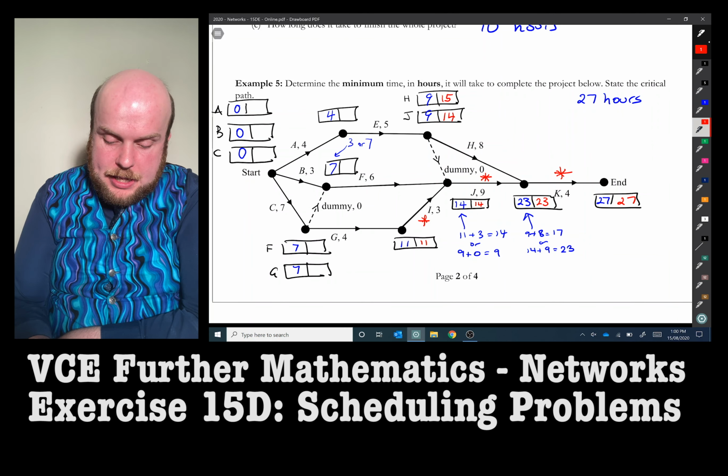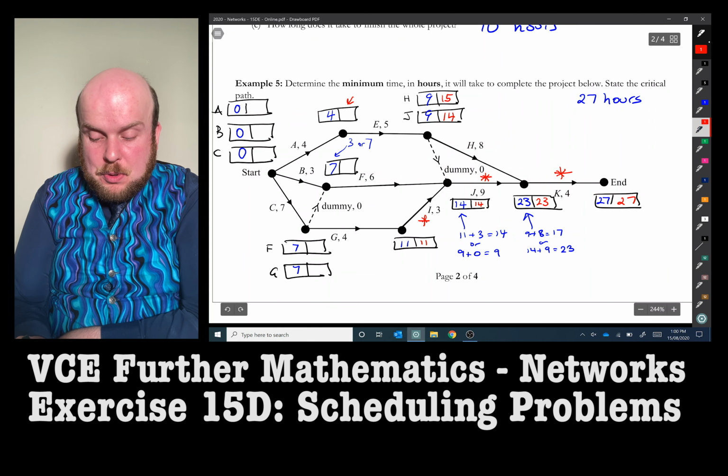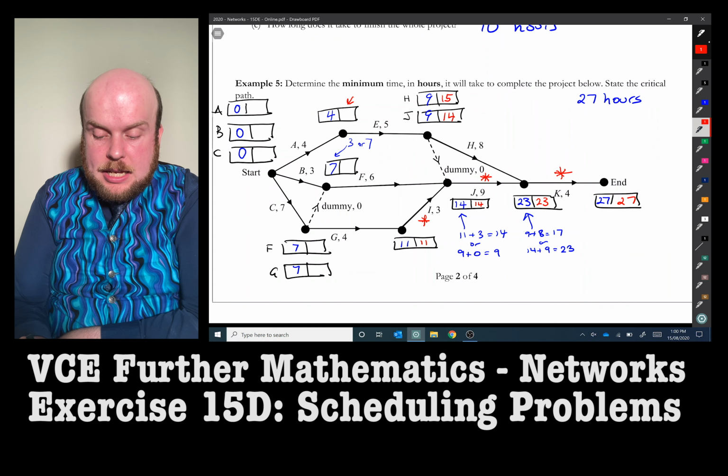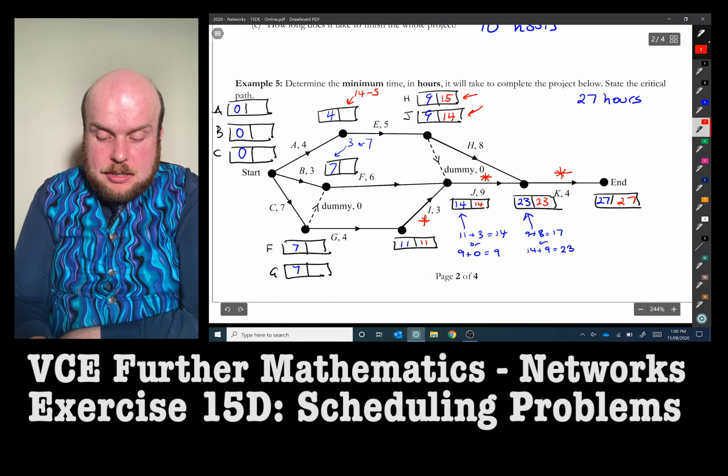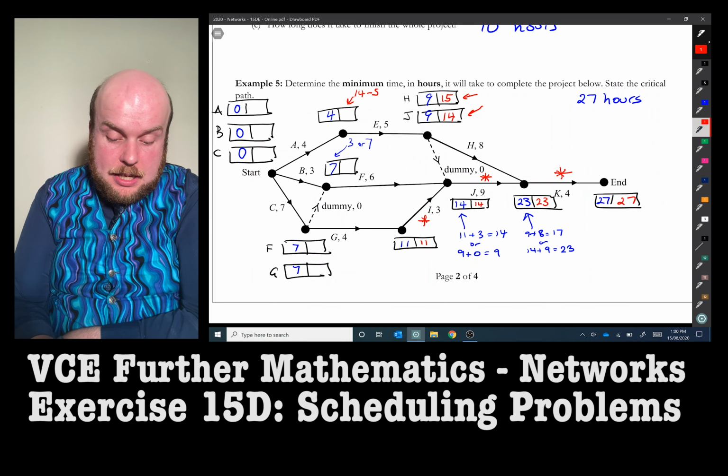For this number here, we pick whatever was the smallest out of H and J, so we can either go with 15 or 14. In this case, it would be 14 take away 5, because it's the smallest out of these two. So 14 take away 5 gets me 9.